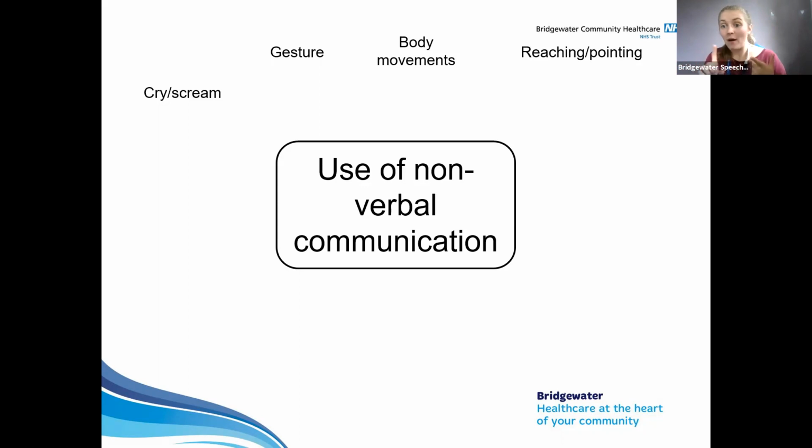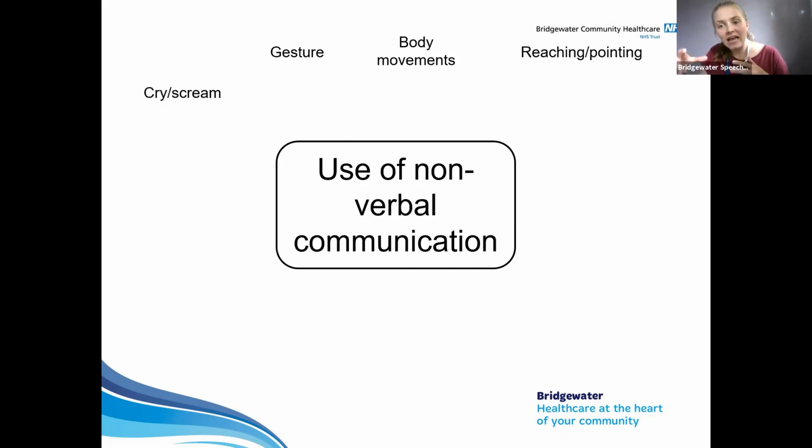They might be happy, they might be smiling and wiggling their body with excitement. If you think about young children moving their legs with excitement, that can be a form of communication, but it's not always intentional. So it relies on you as the adult to interpret what they are trying to communicate with you.